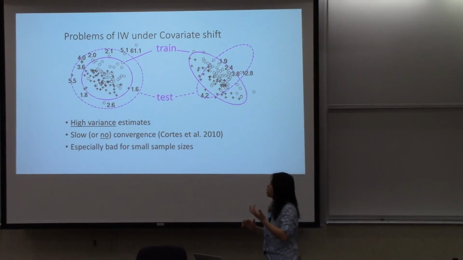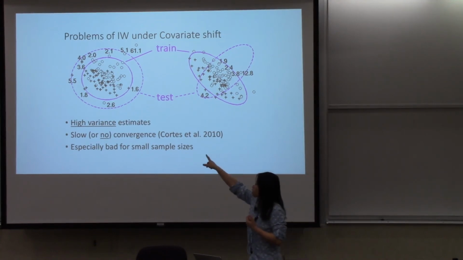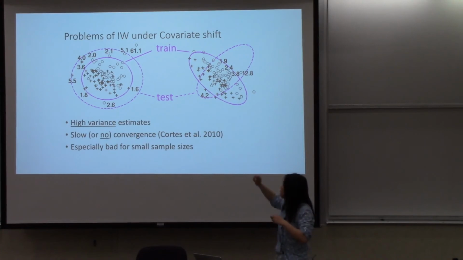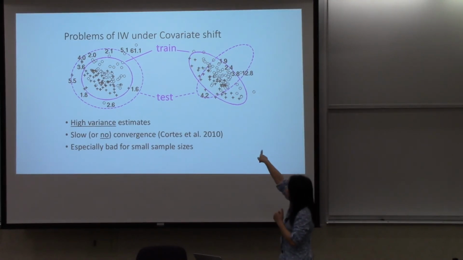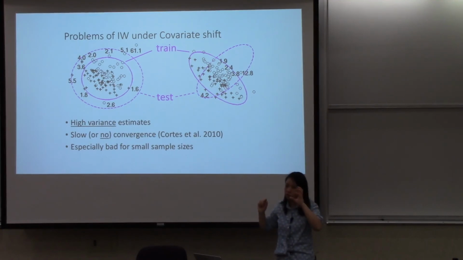For example, in these two cases I have two Gaussians. In this case, the Gaussian inside is the source and the outside one is the target. Here the two distributions just overlap, the solid line is the source, and the dashed line is the target. I tagged all the data points that have a relatively large density ratio.